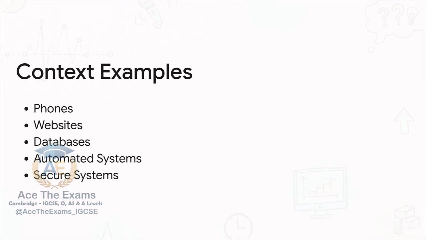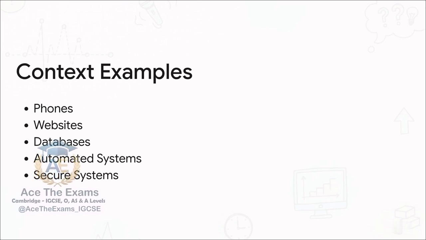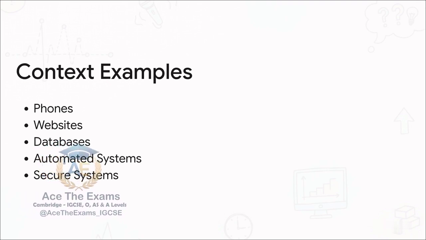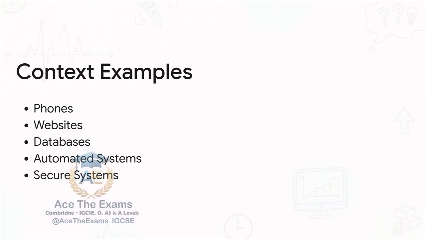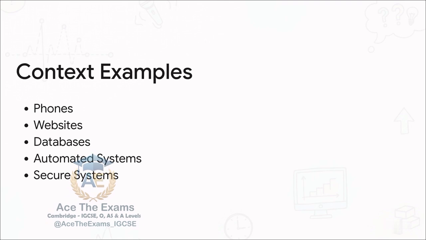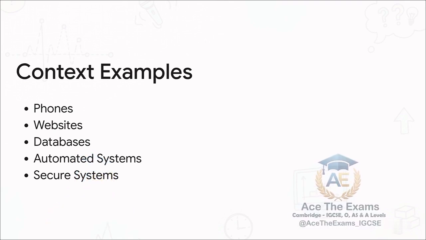The exact same patterns behind sound sampling appear across a multitude of environments. Look at this list for our Challenge 1 data scan: phones, websites, databases, automated systems, secure systems, media handling. If an exam question is set in a retail environment where a database is storing audio clips for a store's PA system, your answer must stay inside that context.